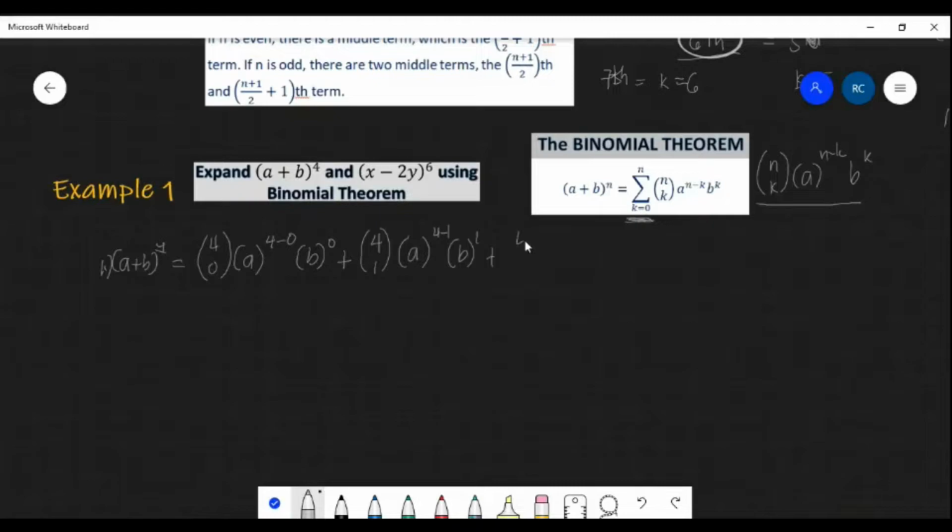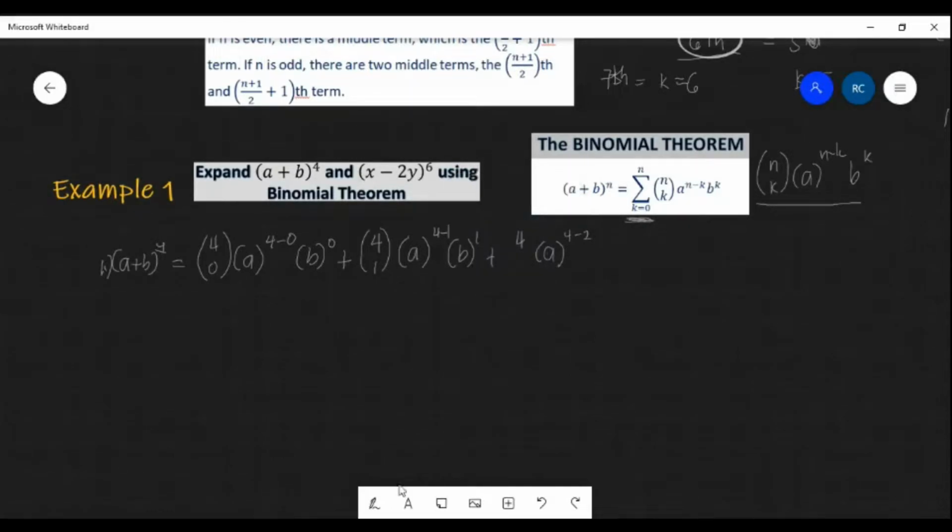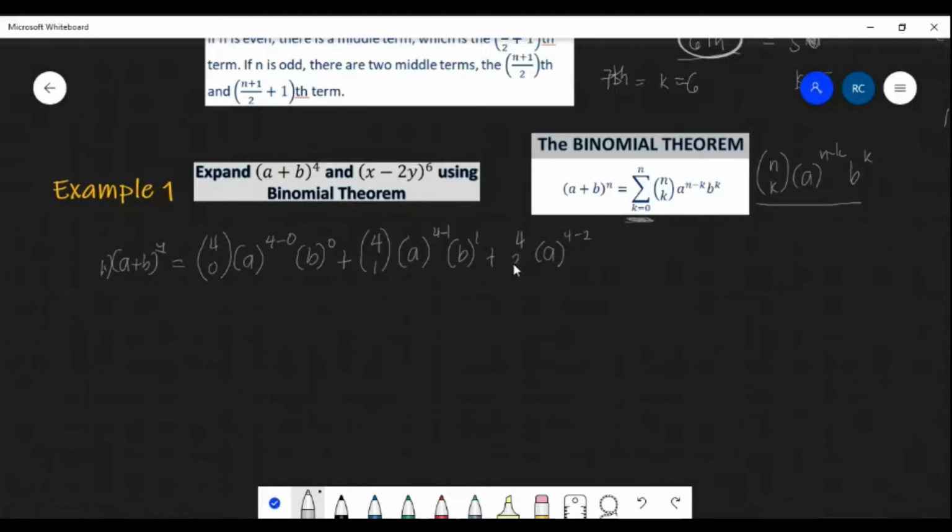Plus 4 combine 2 times a raised to 4 minus 2 times b raised to 2, plus 4 combine 3 times a raised to 4 minus 3 times b raised to 3, plus 4 combine 4 times a raised to 4 minus 4 times b raised to 4.